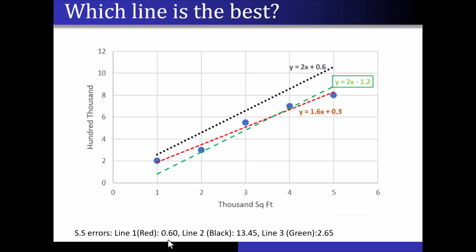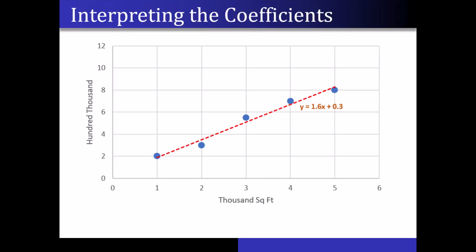As you can see, the red line has the minimum squared residuals. That's why it's going to be my best line, or my least squares linear equation line. This is my linear least squares equation alone without the other lines. The equation of this line is y equals 1.6 times x plus 0.3.